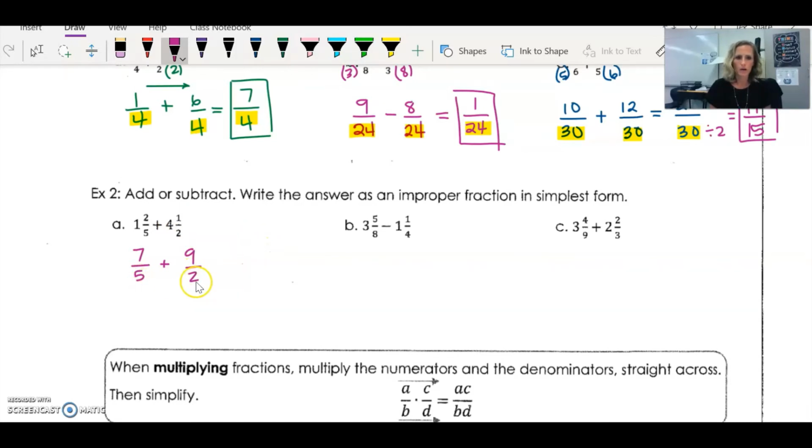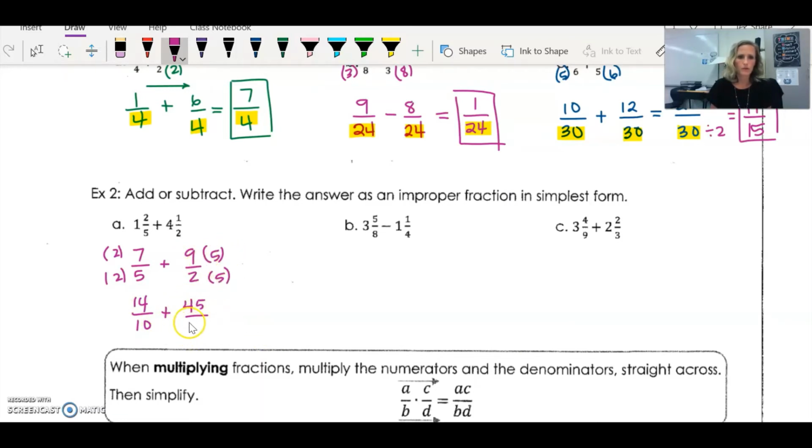Next, we want to find a common multiple of 5 and 2, which is 10. So I'm going to multiply this fraction by 2, numerator and denominator, and I'm going to multiply this one by 5 on the numerator and denominator. So now 2 times 7 gives me 14/10 for my first fraction. 9 times 5 is 45.